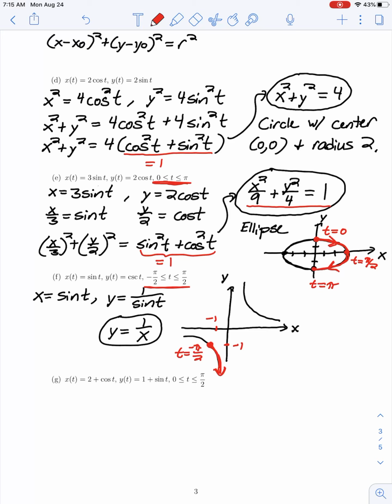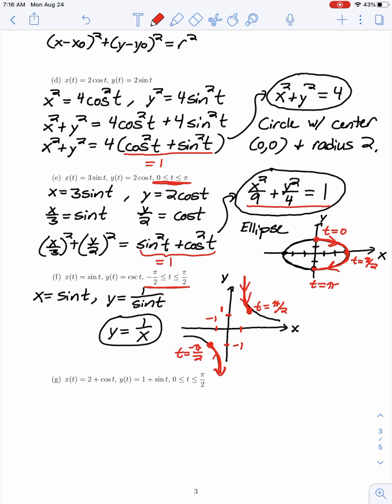Now, as t starts to move from 0 to pi over 2, we see that we move to the other side of this vertical asymptote. And when t is equal to pi over 2, x, which would be sine of t, would be 1. And then our y value, 1 over x, would also be 1. So we're not drawing to scale here, but we start moving towards this point where t is equal to pi over 2.